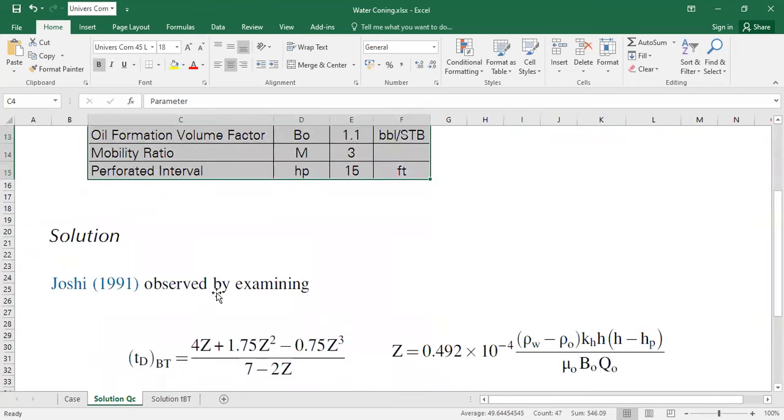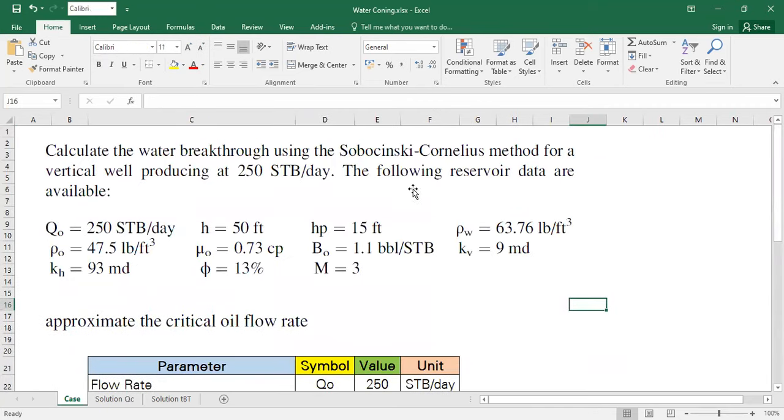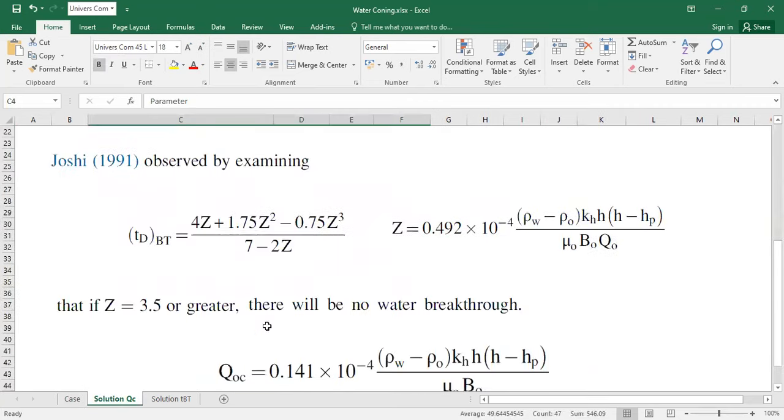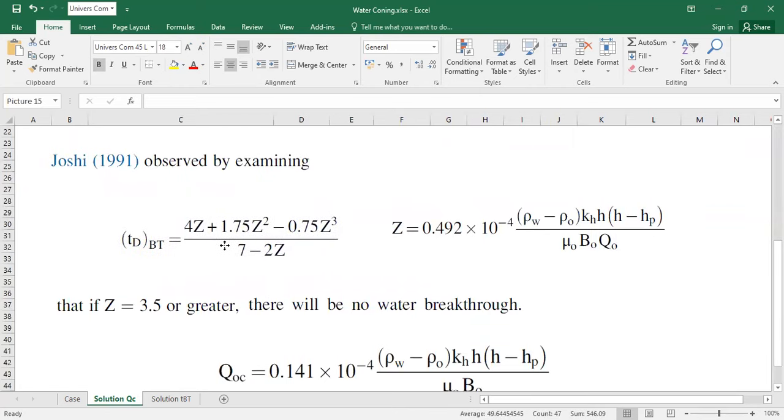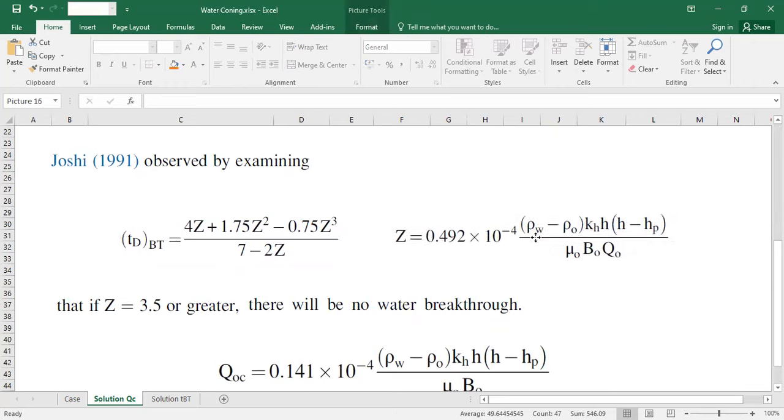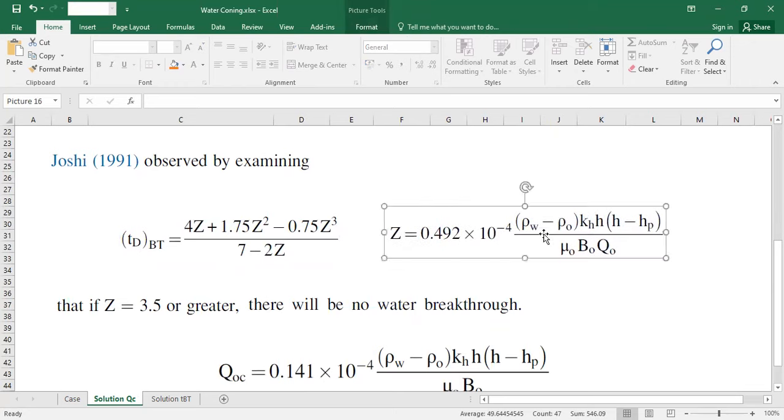So according to Joshi, yeah, Joshi observed the method, the Sobocinski-Cornelius method, and he checked this formula to calculate the dimensionless water breakthrough time and also dimensionless cone height. Okay, he checked it and he arrived at the conclusion that if Z is 3.5 or greater, there will be no water breakthrough.